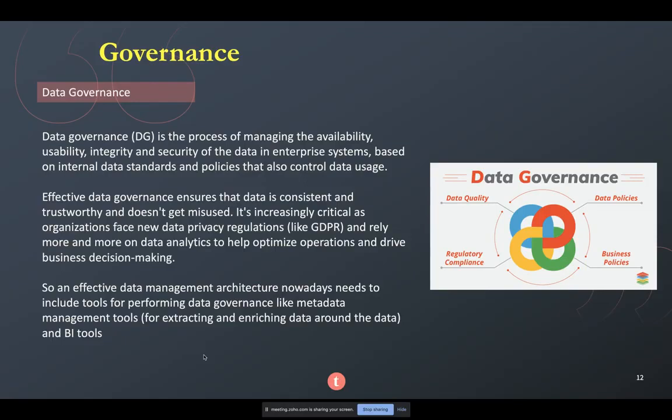But it's not only that. Data governance can also be used to give a common understanding of terminologies in your company, because data can be interpreted in different ways. Imagine a company that is the result of a merger and acquisition of many companies.